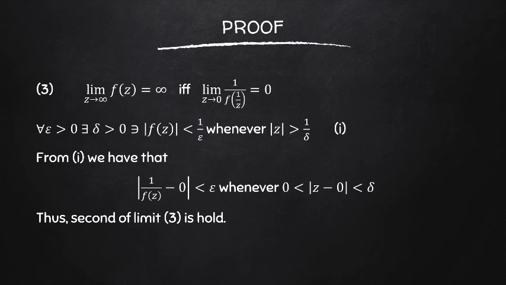From this, we have z is 1/f(z) and z0 is 0. So, we have that the absolute value of 1 over f(z) minus 0 is less than epsilon whenever the absolute value of z minus 0 is greater than 0 and less than delta. Thus, the second side of the limit in case 3 holds.